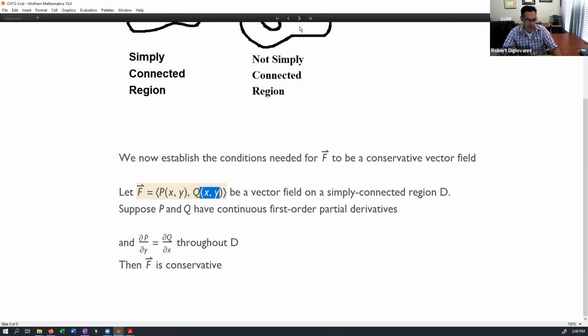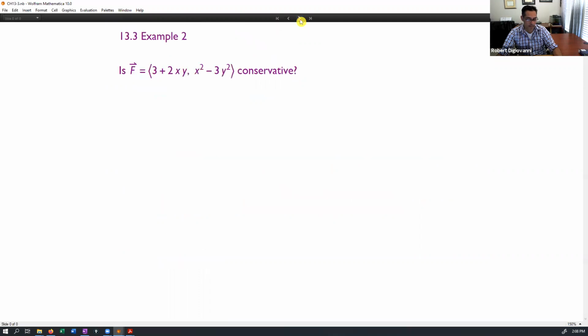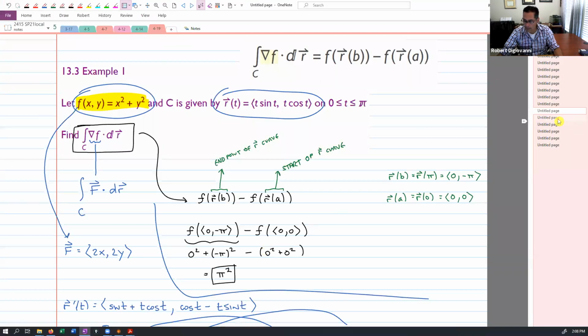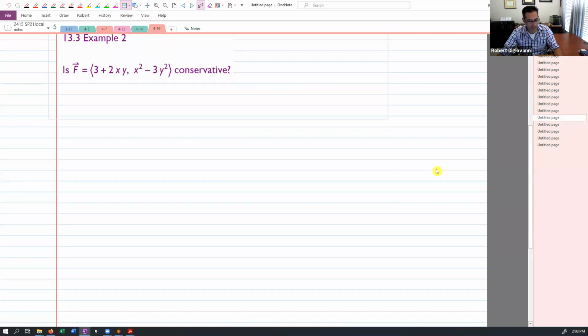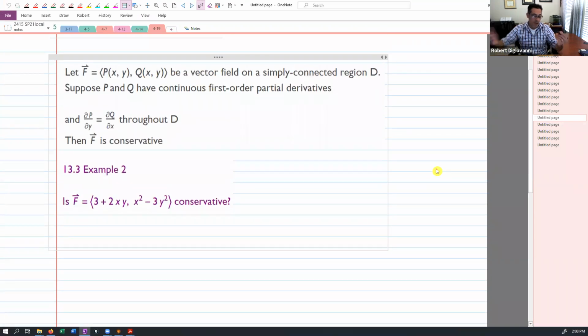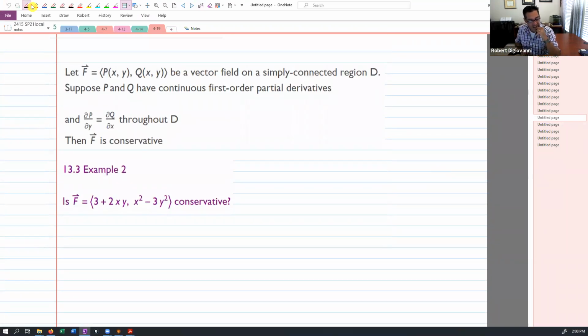So let's do an example. Is this vector field conservative? All right, so is it conservative? So the way I do this is I say, okay, it's a two-dimensional vector field. This part is my p function. This part is my q function.